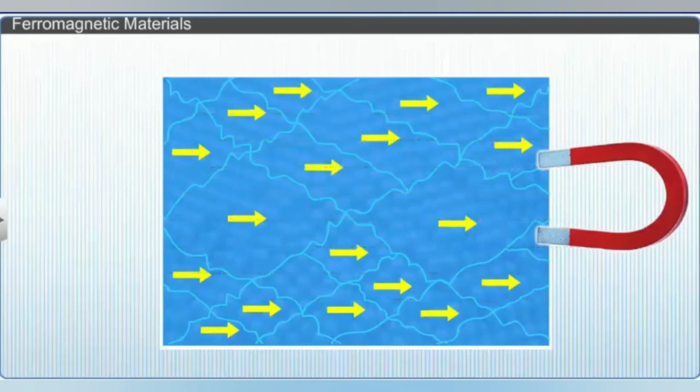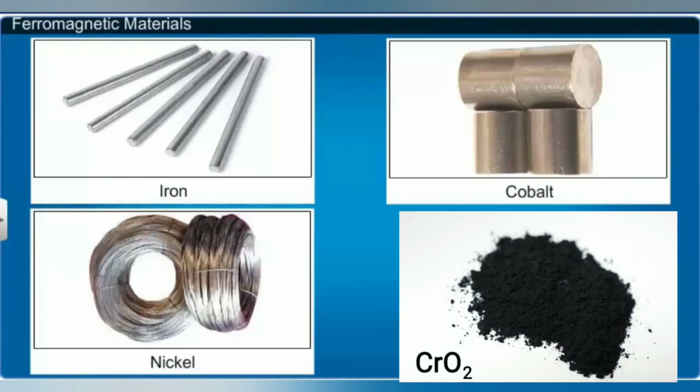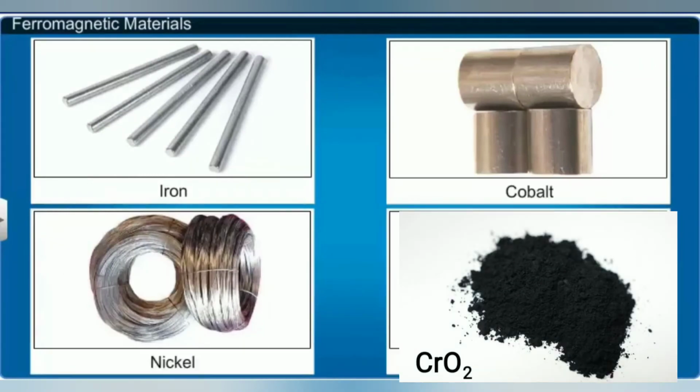This ordering of domains persists even when the external magnetic field is removed. Hence, the substance remains permanently magnetized. Some examples of ferromagnetic substances are iron, cobalt, nickel, chromium oxide with formula CrO2, etc.